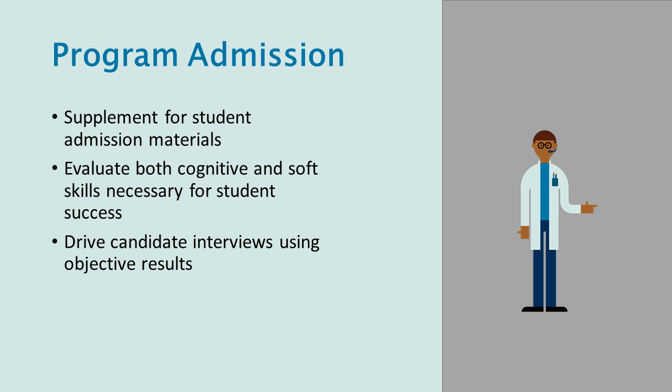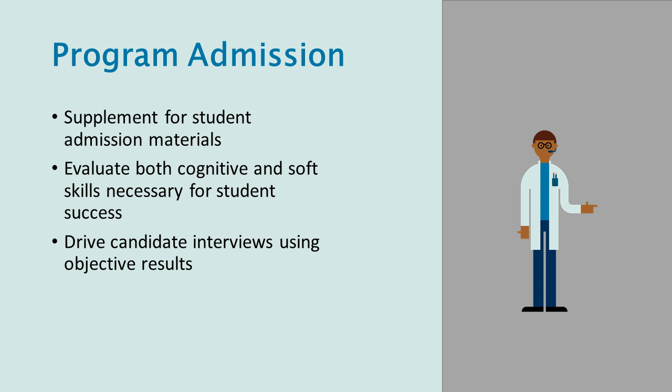We can also use this kind of assessment for program admission, again, because we've done the validity evidence and we've done the research behind using it for that kind of use case. So whether your applicant pool is replete with highly qualified students or you're struggling to fill a cohort, the Workplace Personality Inventory provides objective feedback about a student's potential.